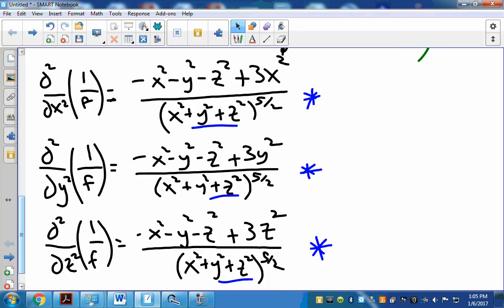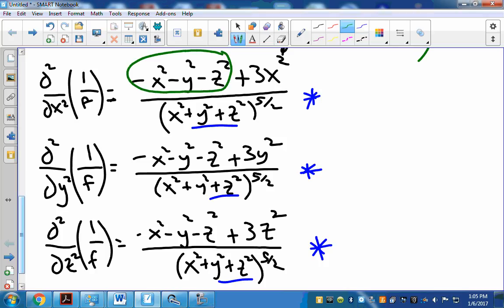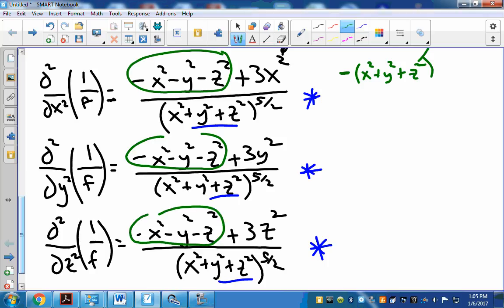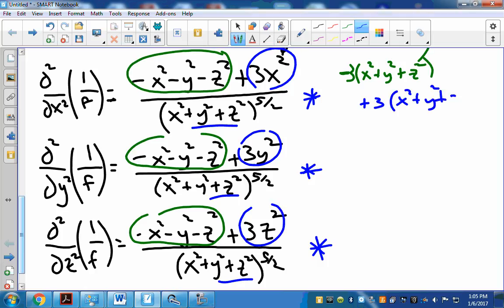It's pretty obvious, I hope, that this bit right here is minus (x squared plus y squared plus z squared). And we have it again here, so that's 2 of them. We have it again here, so that's 3 of them. So those are minus 3 of those. And if we look at the other terms, there's 3x squared and 3y squared and 3z squared. So that's 3 times (x squared plus y squared plus z squared). And sure enough, that sum is 0.